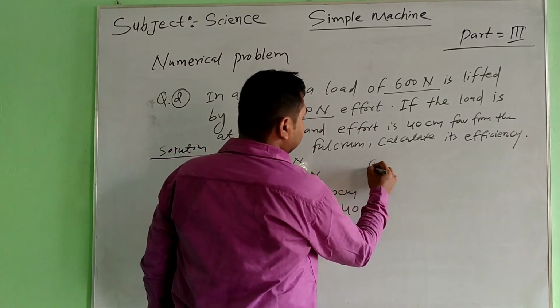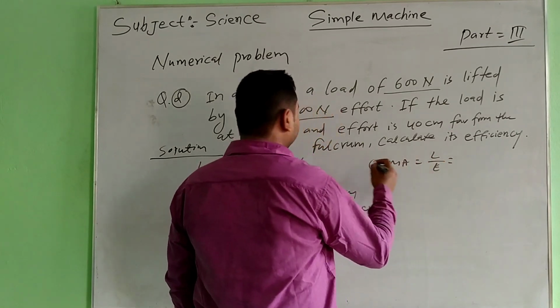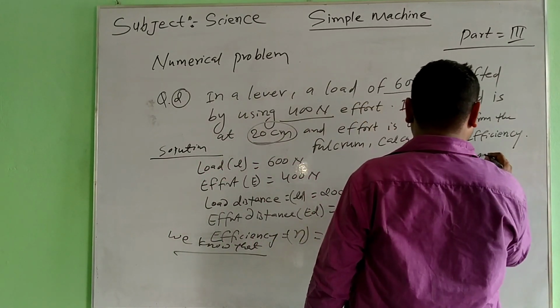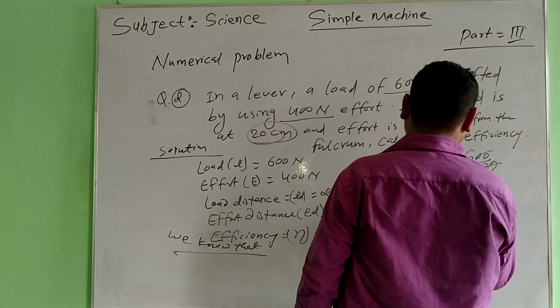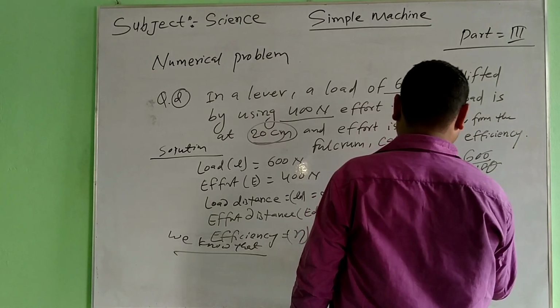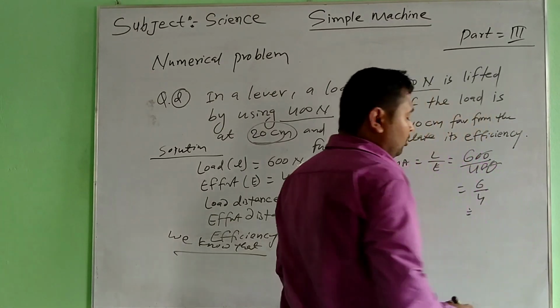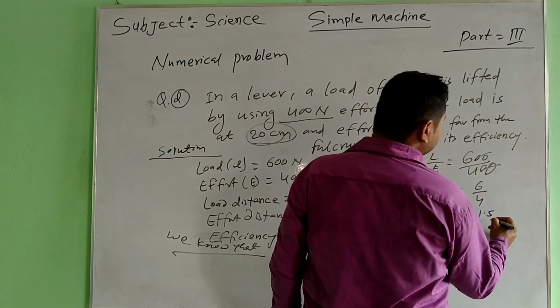Now MA is load by effort. Load is 600 by 4, that is 6 by 4. Our answer is 1.5.